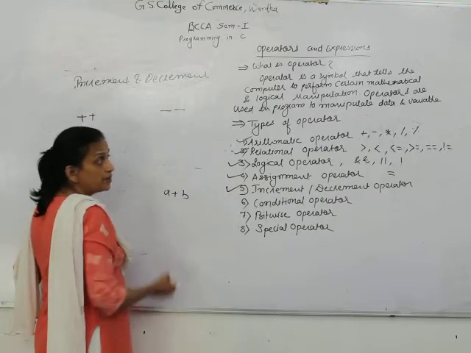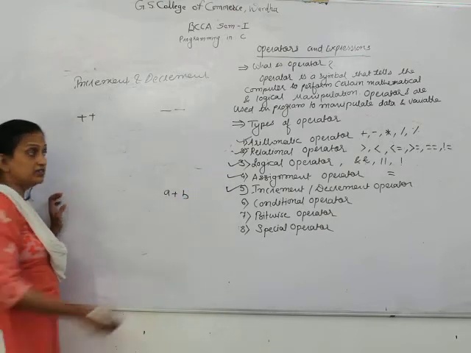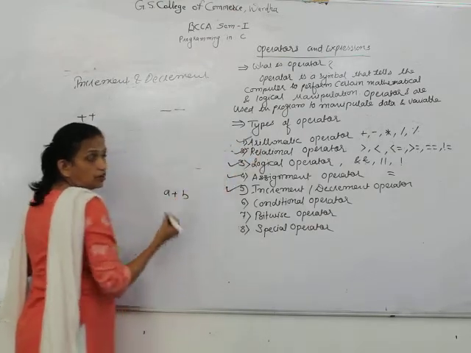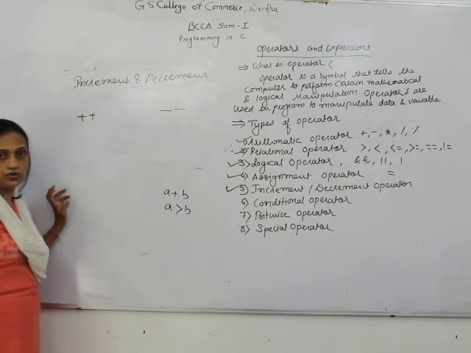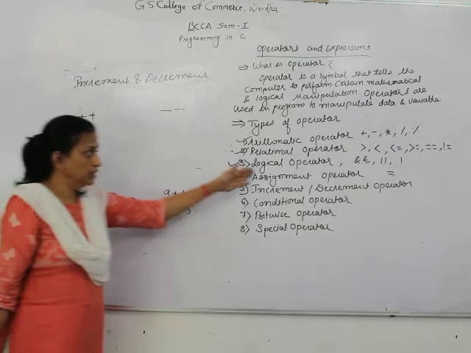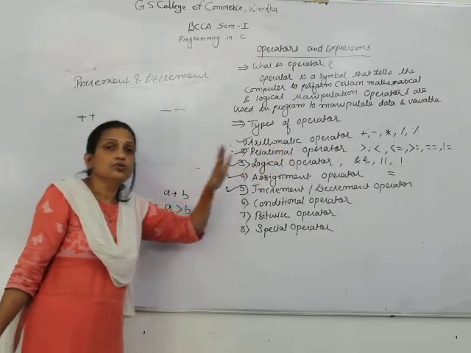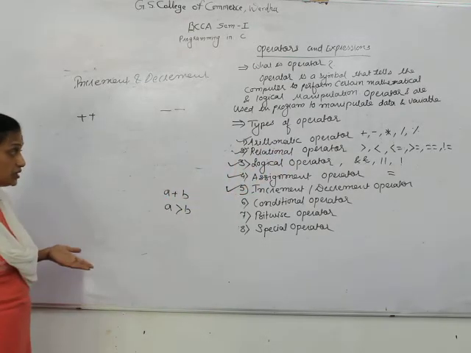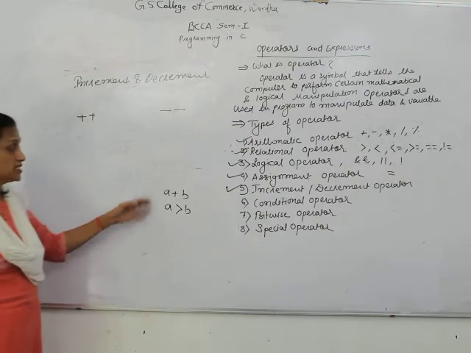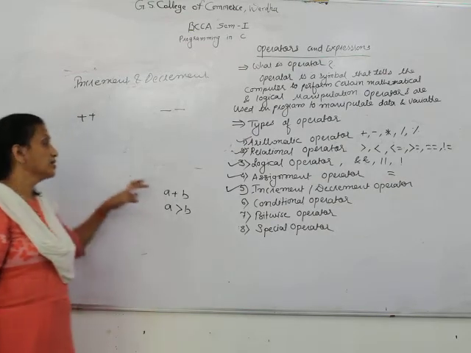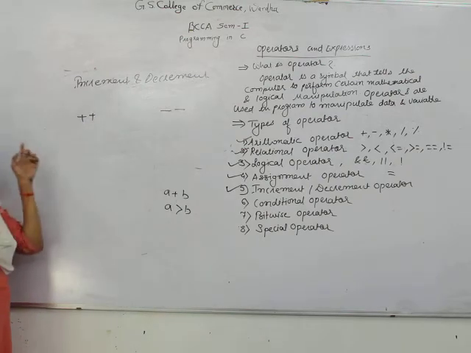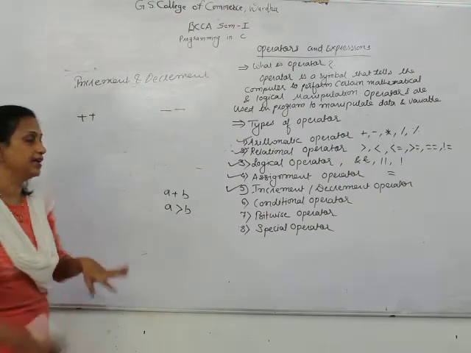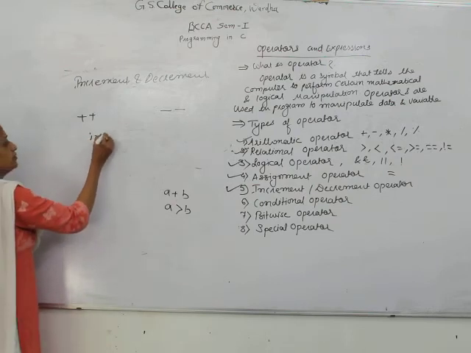To perform relational operations, you have to use two variables. In logical operations also you have to use more than one variable. So these are the binary operators, but this is unary. Unary means here we have to use only one operand.